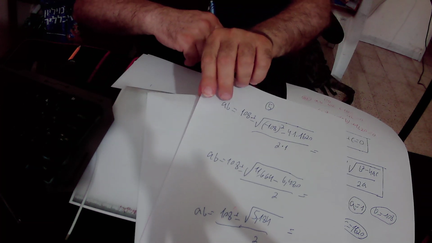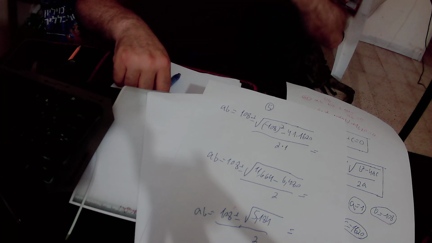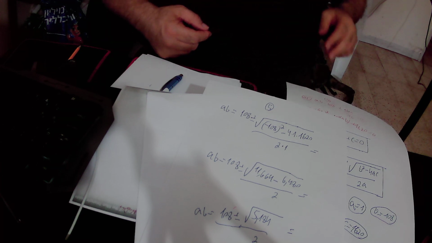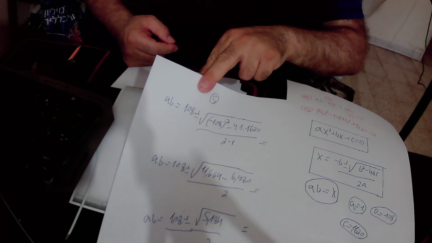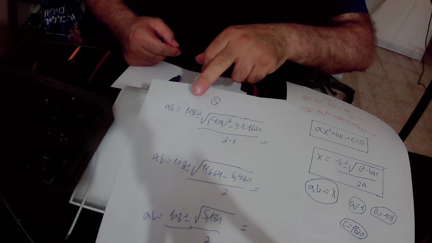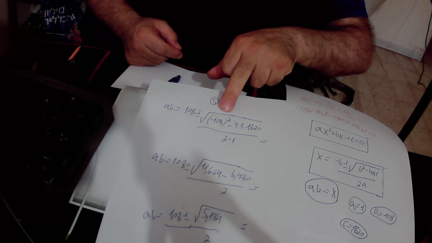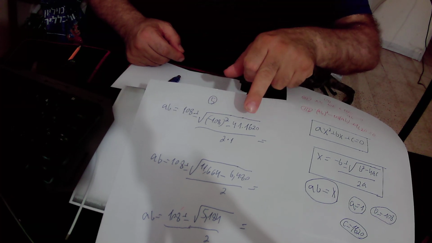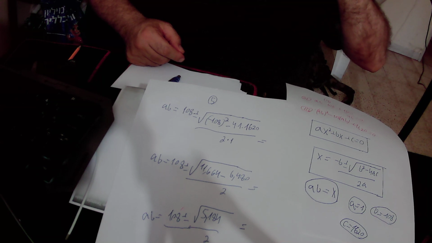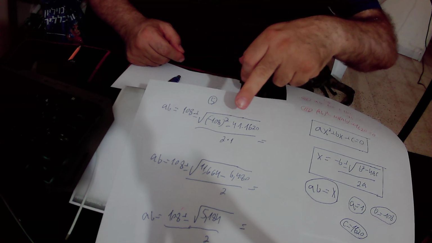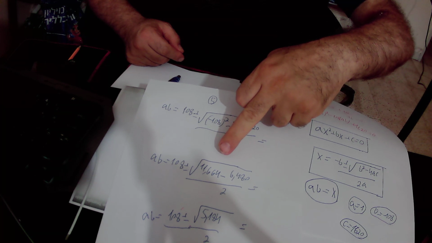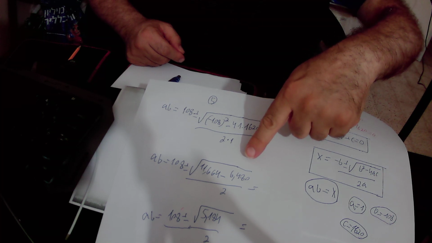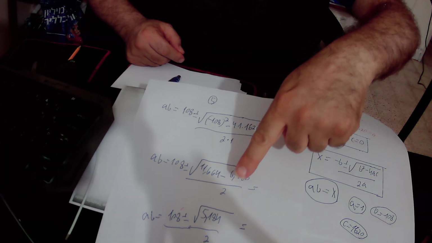Okay, so it is minus b plus minus the root of b squared minus 4ac, divided by 2a, and 180 squared equals 11,664, and 4 times 1620 equals 6,480, all divided by 2.